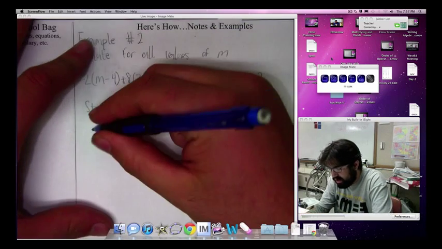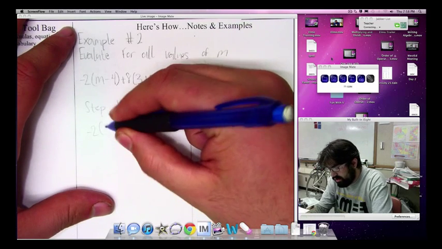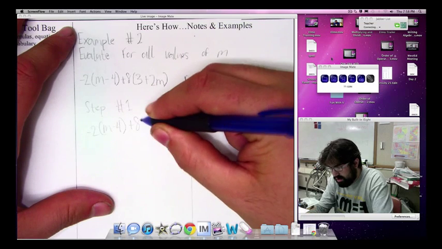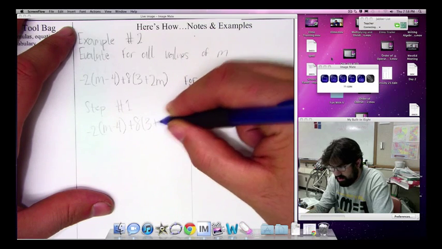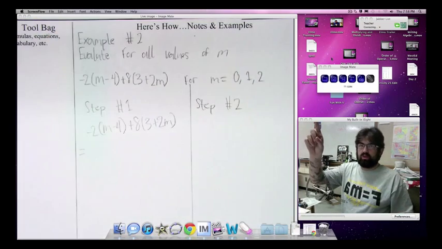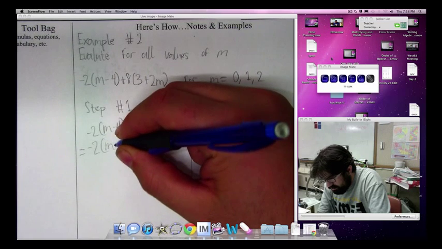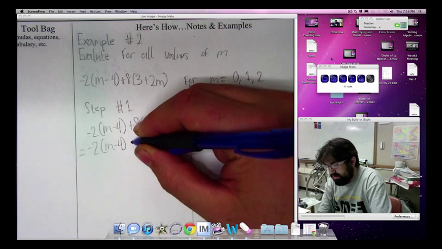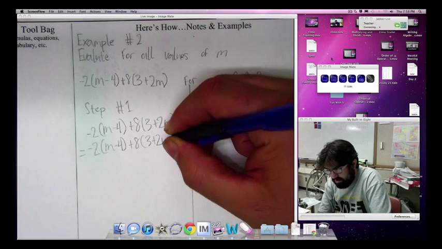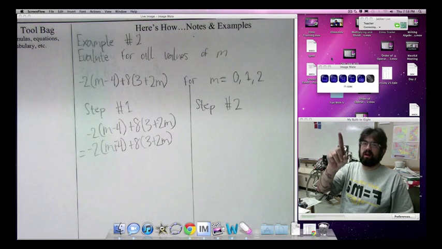Here we go. Step 1, I'm going to simplify this. Step 1, rewrite. I'm going to change that to plus negative. That's step 1, rewrite.